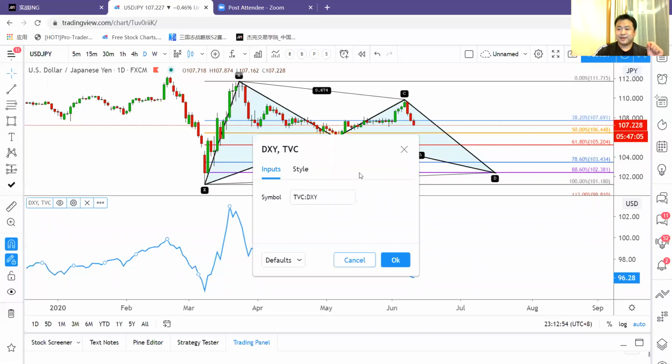Remember, as I said in my last webinar, we can buy the Kiwi by observing the Aussie dollar performance. Anyone took that trade? Buy Kiwi, because the Aussie already broke a new high, and we believed the Kiwi would catch up.